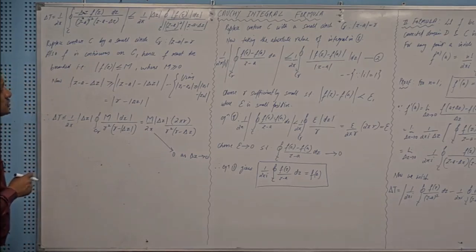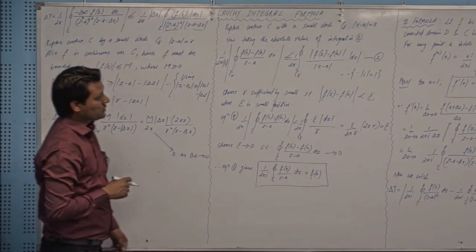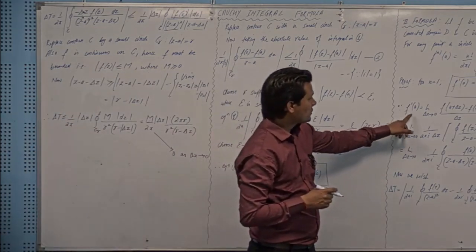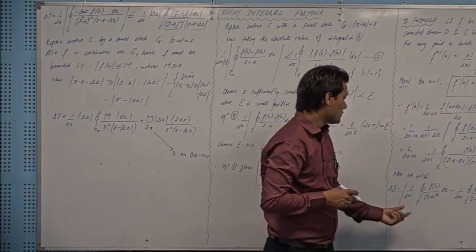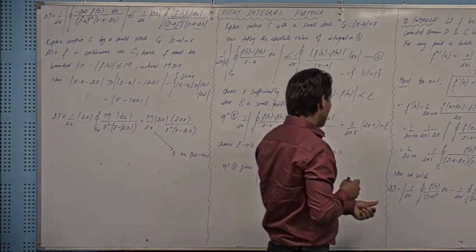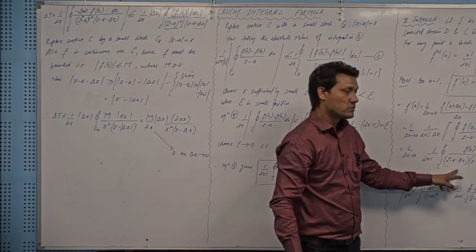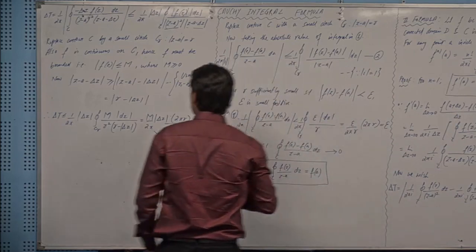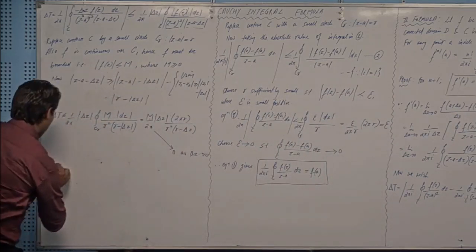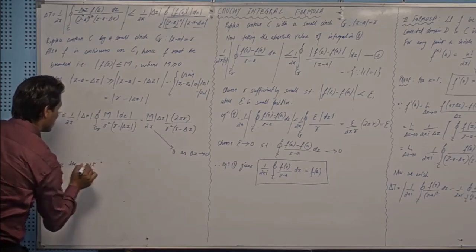So this is what we require in order to get f dash a equal to the required value. See, what was our delta t? Delta t was actually the difference between what we desired and what we got, and this is approaching 0, so hence the result is proved.